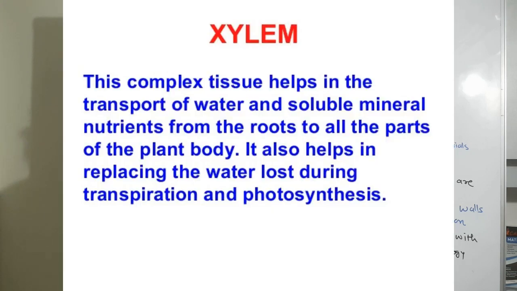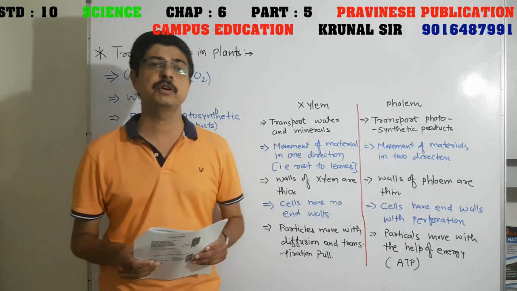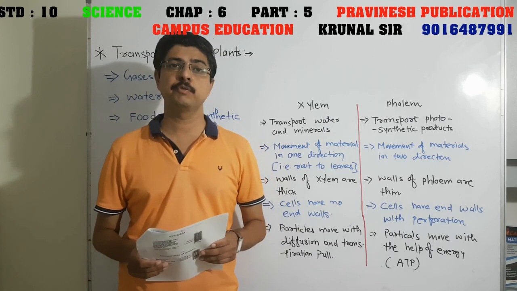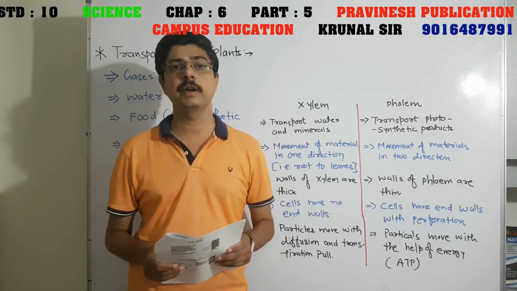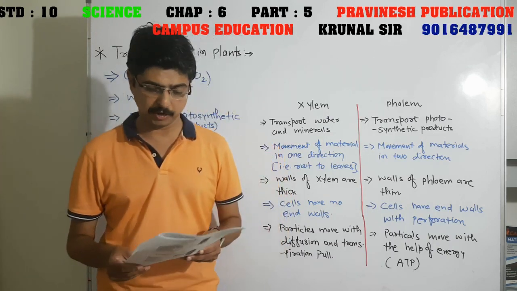Now friends, on your screen, xylem. This complex tissue helps in the transport of water and soluble mineral nutrients from the roots to all the parts of the plant body. It also helps in replacing the water lost during transpiration and photosynthesis. One other important function of xylem is that it regulates water, so it also regulates the temperature of the plant body.